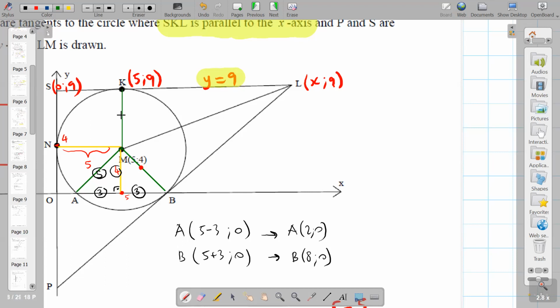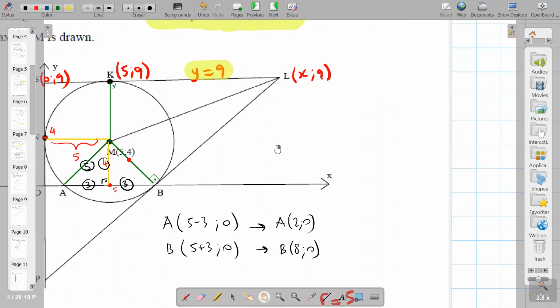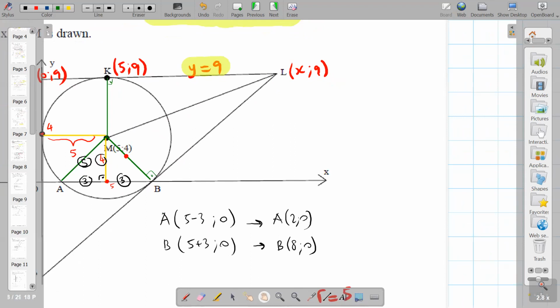Basically, the triangles here, MKL or MBL, are congruent triangles. They are exactly the same triangles. And since we know those lines are perpendicular, there will be an easy way to find this triangle. For 5 marks, I know they have the same area.